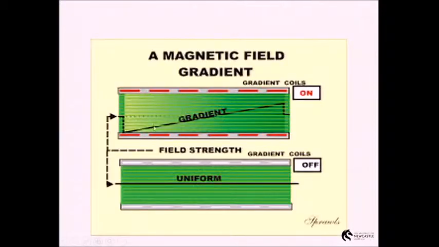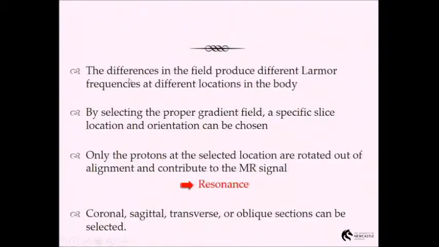So here it is, here's our gradient. When it's not on, it's all uniform. When we turn our gradient on, we've made a slight variation in the magnetic field from one end to the other. I just mentioned to you that the differences in the field produce these different Larmor frequencies at different locations, so we can make one that's unique to a slice through the tip of the nose versus one that's unique to a slice through the chin.